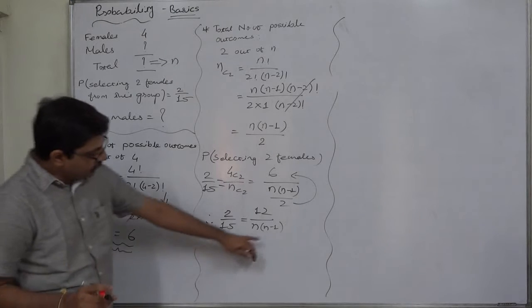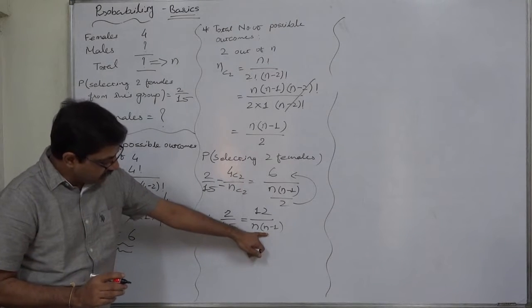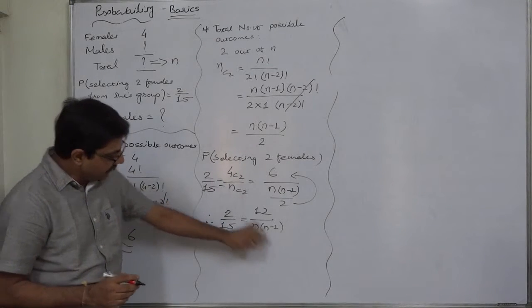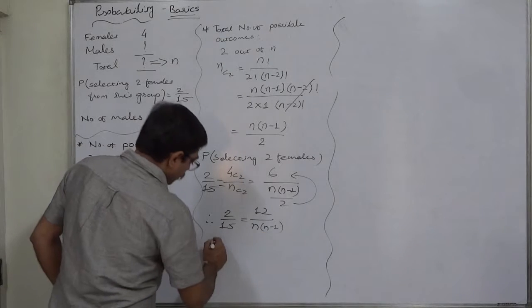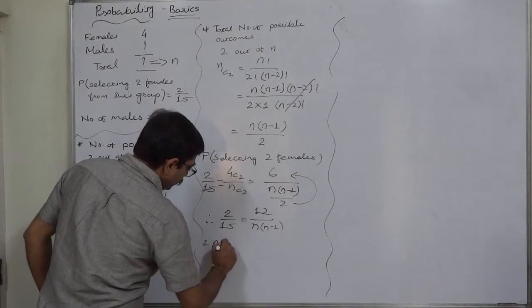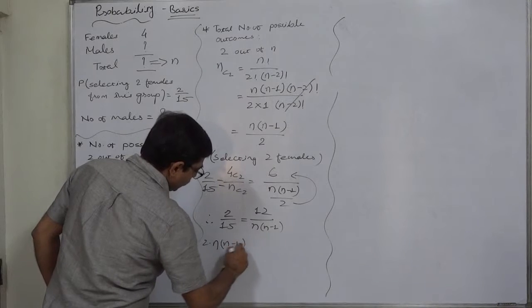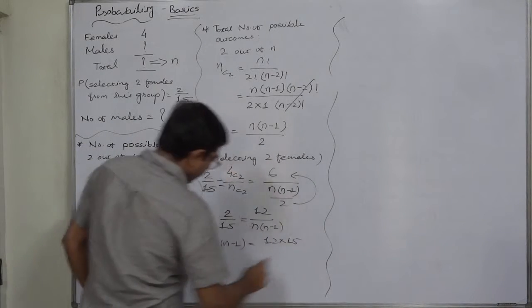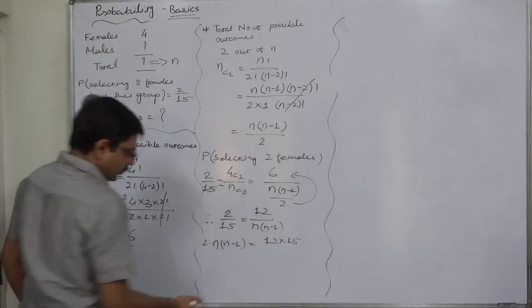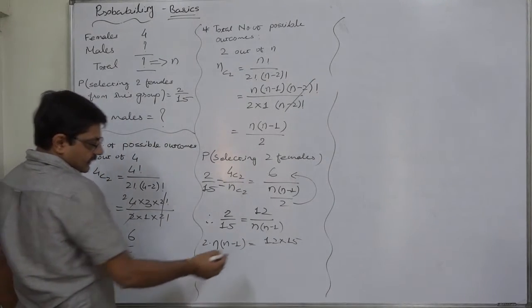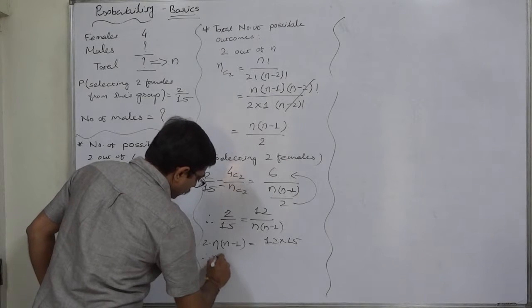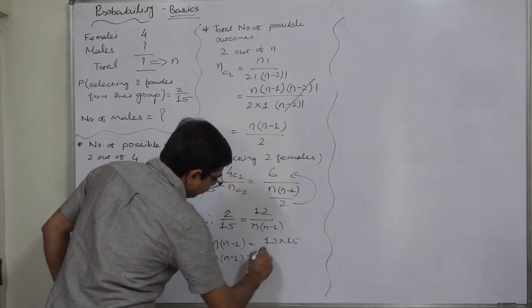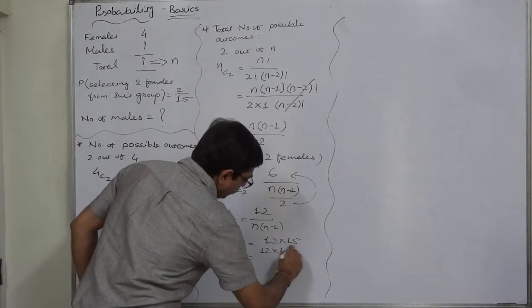We want to find the value of n from this equation. Let us make n into n minus 1 the subject. So 2 into n into n minus 1 equals 12 into 15. 2 will go as a denominator on the opposite side. So n into n minus 1 equals 12 into 15 upon 2.